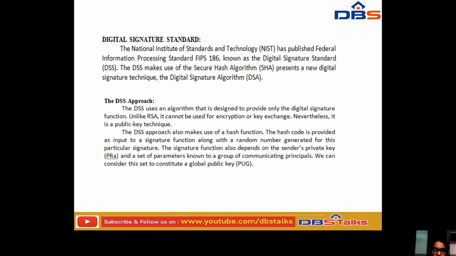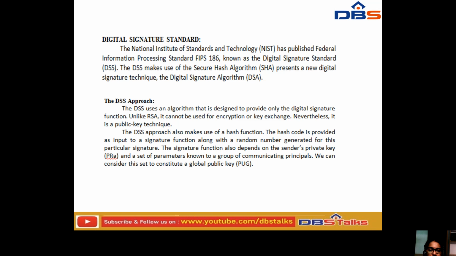Now let us see what the DSS approach is. The DSS uses an algorithm which is designed to provide only the digital signature function. Unlike RSA, it cannot be used for encryption or key exchange. Nevertheless, it is a public key technique. The DSS approach also makes use of the hash function.